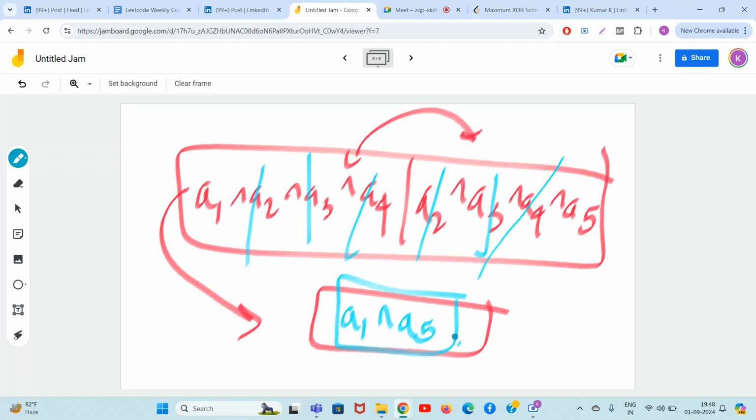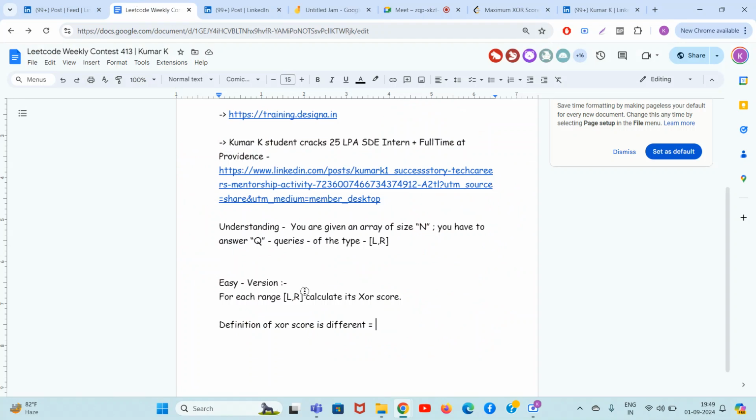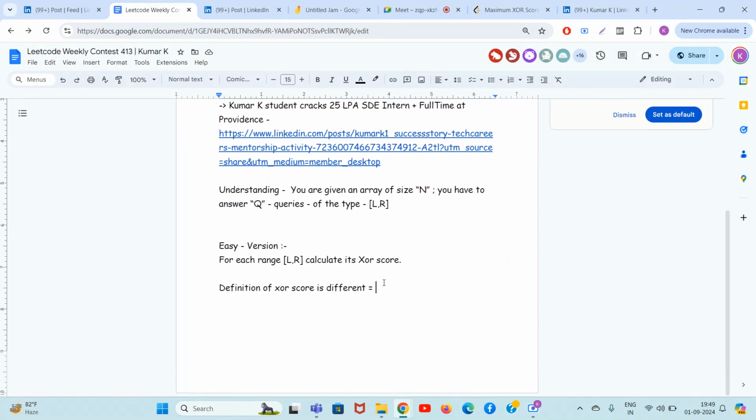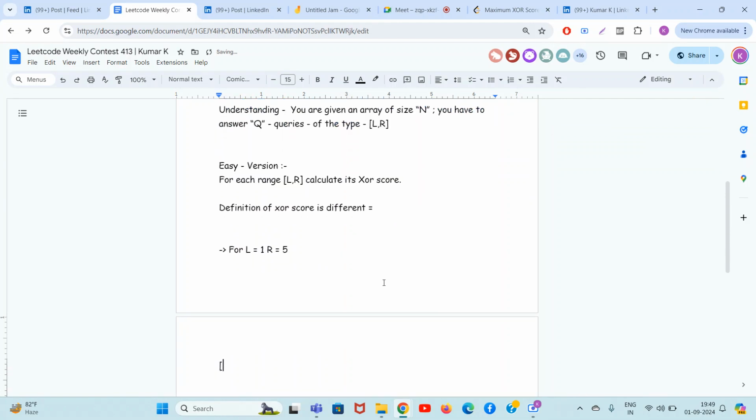So guys, what is the XOR score for L equal to 1, R equal to 5? The XOR score for A1, A2, A3, A4 after doing all the procedure is nothing but A1 XOR A5.